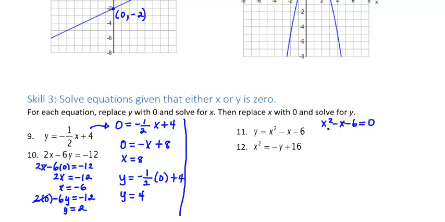This is a quadratic equation that we solve by factoring. That factors as x minus 3 times x plus 2 equals 0. So x is equal to 3, or x equals negative 2. When we let x be 0, we get y equals 0 squared minus 0 minus 6, which simplifies to y equals negative 6.